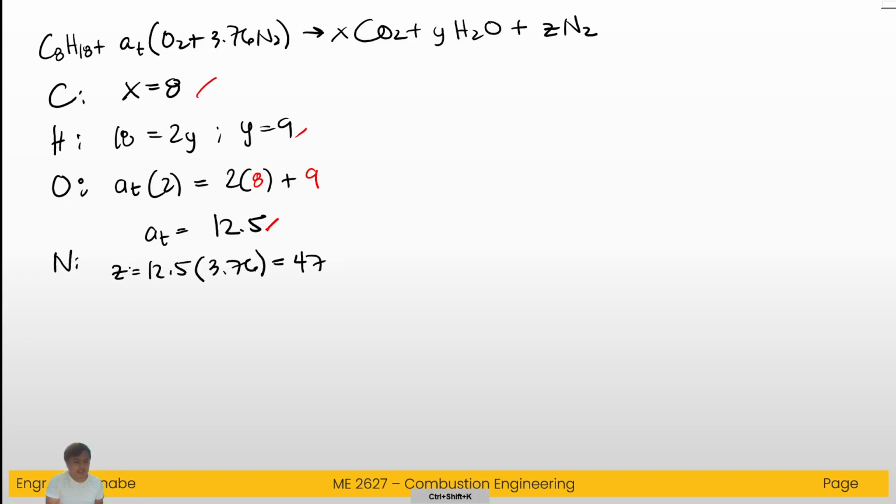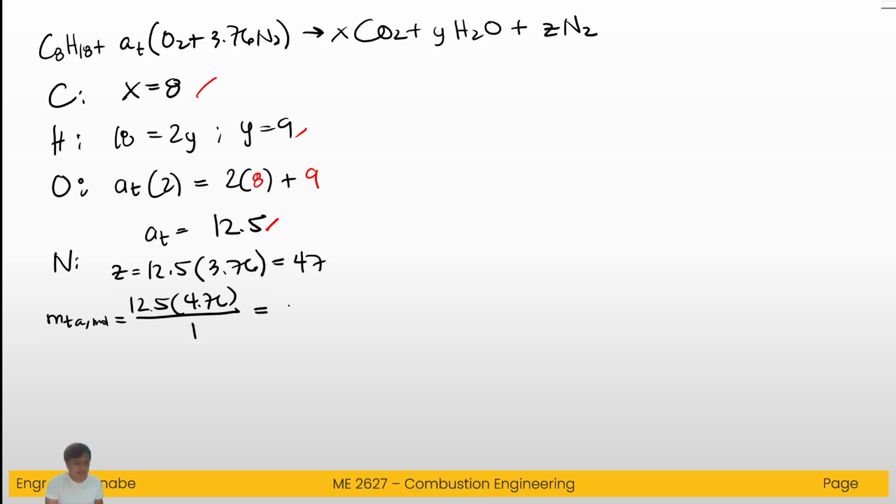So now to find the theoretical air fuel ratio, we can solve for it using different ways, but let's just do this the old-fashioned way. So you have 12.5 times 4.76. Sorry, this should be molal. And then over 1. So we only have 1 here, so it's 1.